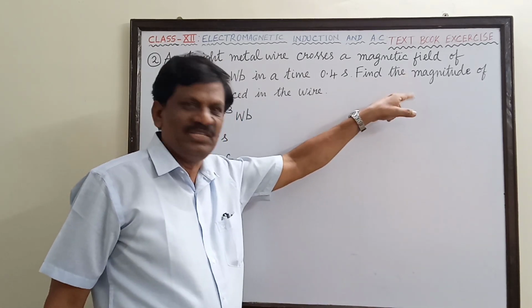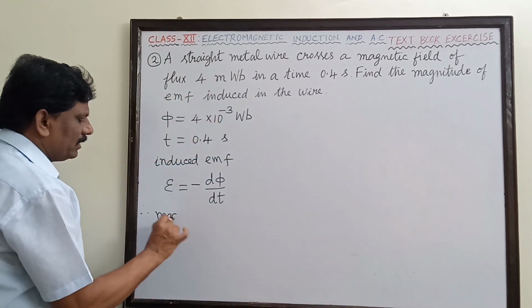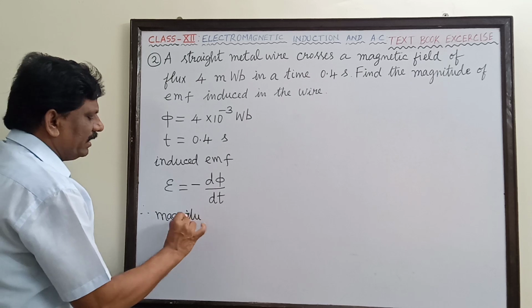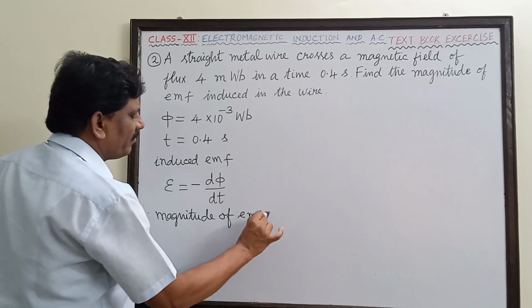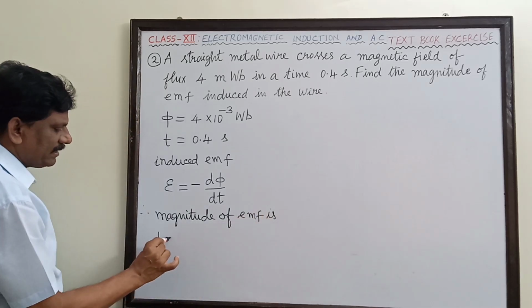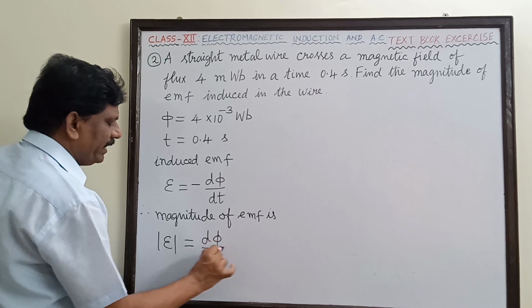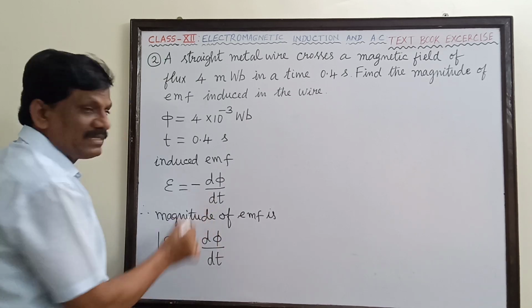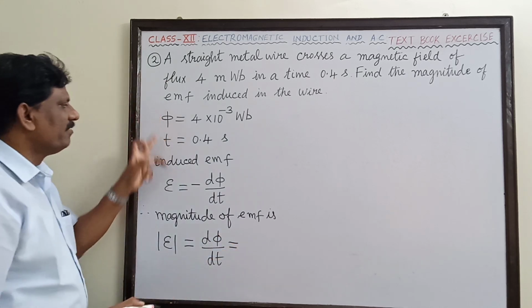It is the magnitude. Therefore, the magnitude of the induced EMF is modulus of epsilon, and this is equal to d phi by dt without the negative sign. So you can also substitute d phi by dt.